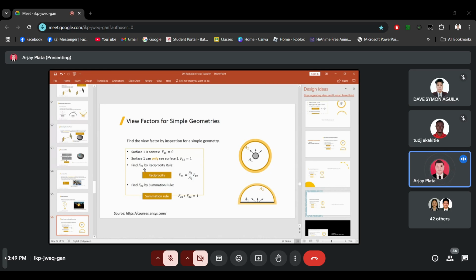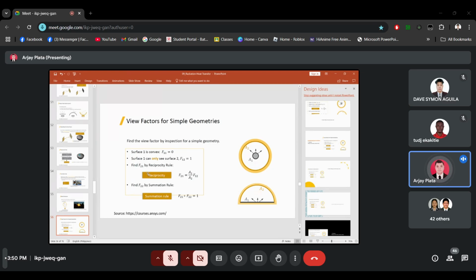So when we consider the reciprocity rule, F21, or the view factor from surface 2 to surface 1, equals A1 over A2 multiplied by the view factor from surface 1 to 2.